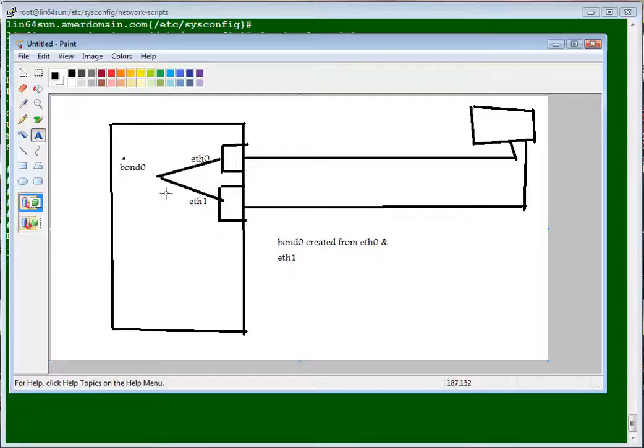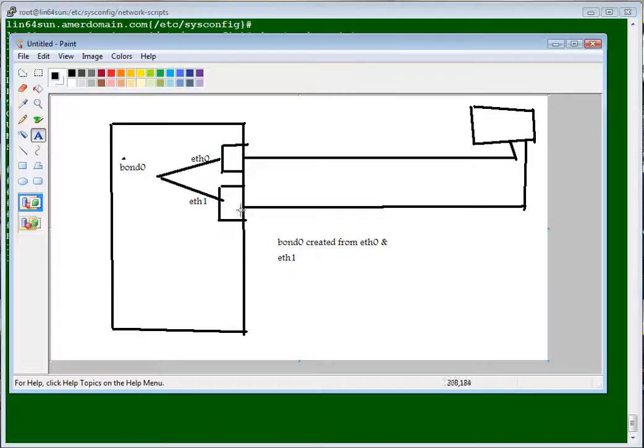There is no bond 0 physically in this box. It is a software file we created, its name is bond 0, and that file is pointing to two physical Ethernet cards, Ethernet 0 and Ethernet 1.